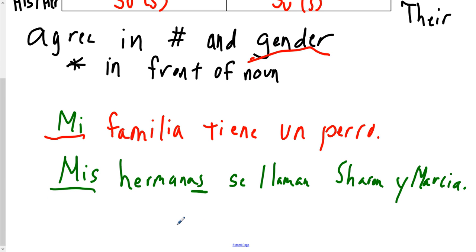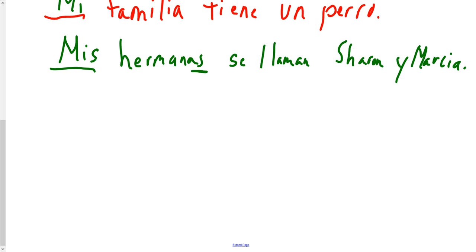We'll do more practice later, so hopefully you know these. There's one other thing you have to remember with Spanish. In English, when we want to say that something belongs to someone and it's a name, in English we say the person's name with an apostrophe S. Bob's book. You can't do that in Spanish.